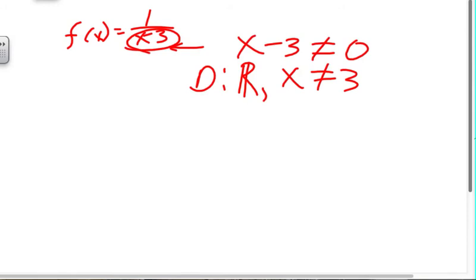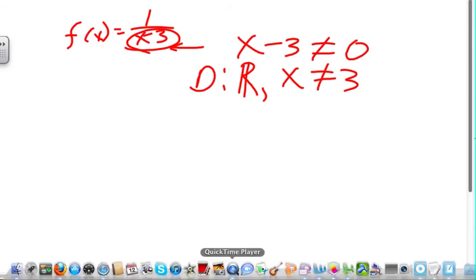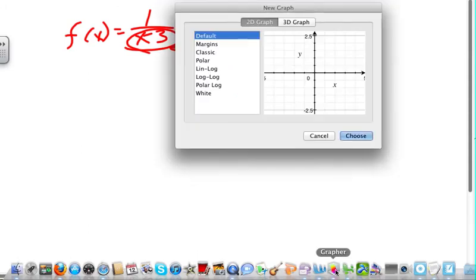And if you graph this thing, and you guys need to get used to using Grapher because you're going to be seeing it.